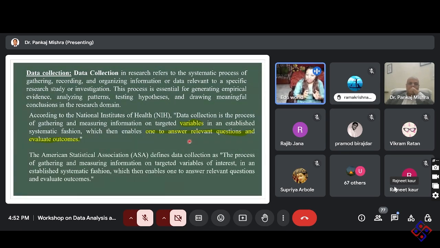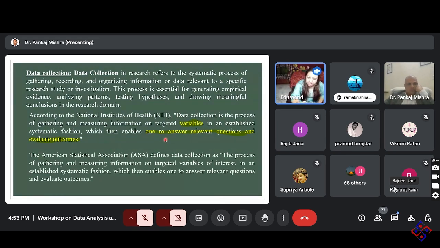This is a bookish definition that we generally see: variables keep on changing. But variables are the characteristics of a person or object which keep on changing. Now, with this variable we also have one more term, that is a construct.